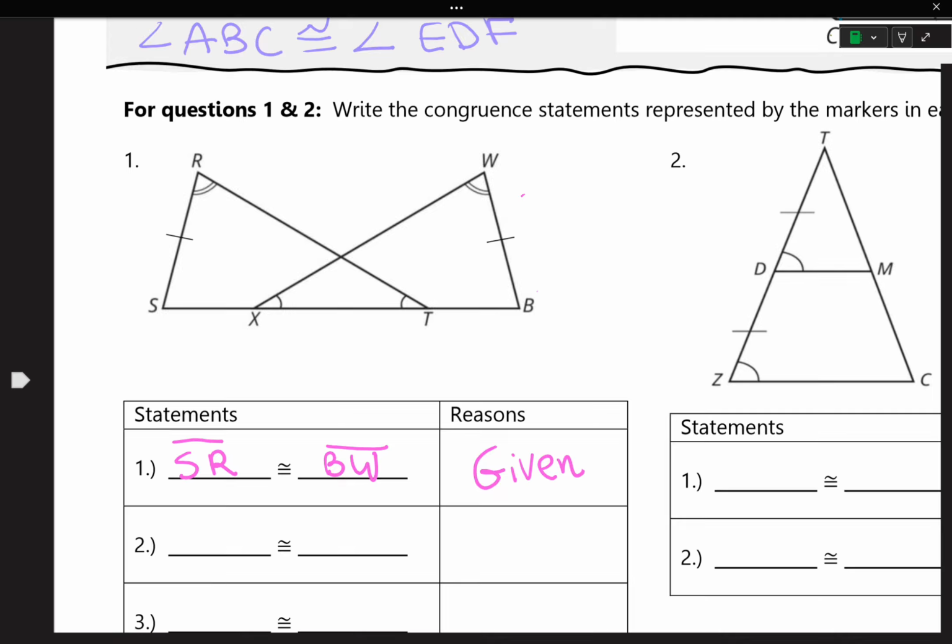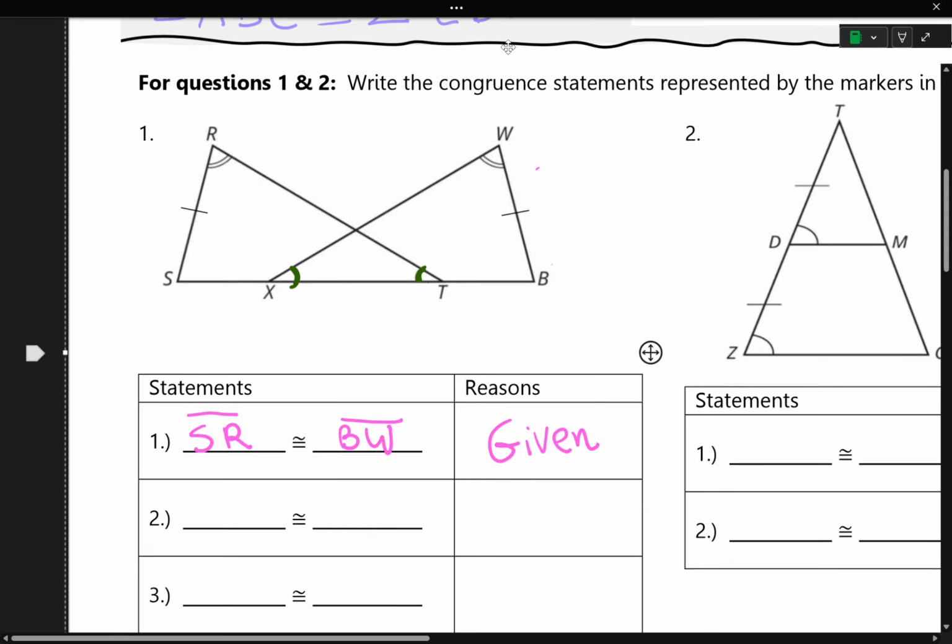Okay. Let's take a look what else is congruent. We have the single arches. One right there and one right here. Okay. I want to name these angles similarly, in a similar order, kind of how we looked at the sides. So let's take a look at the angle that's T. I'm gonna name it RTS.